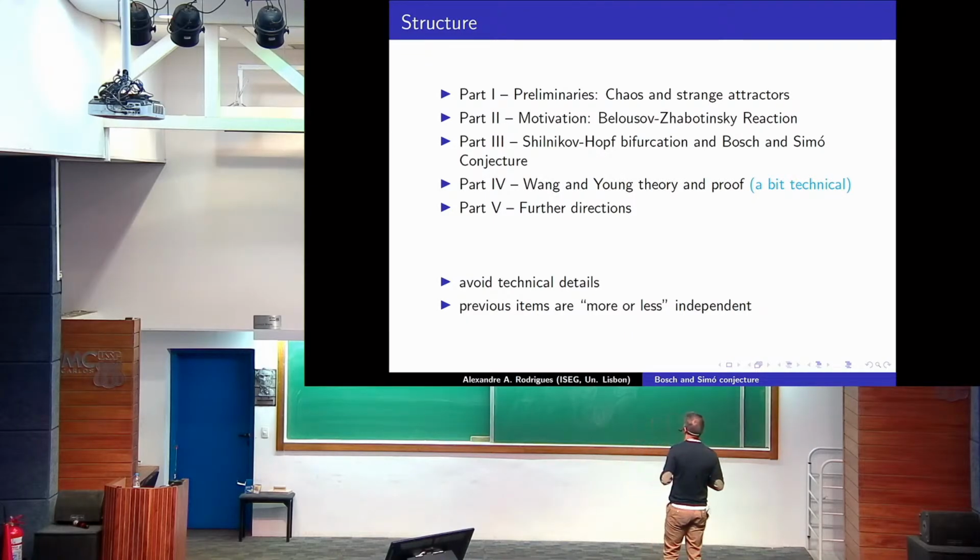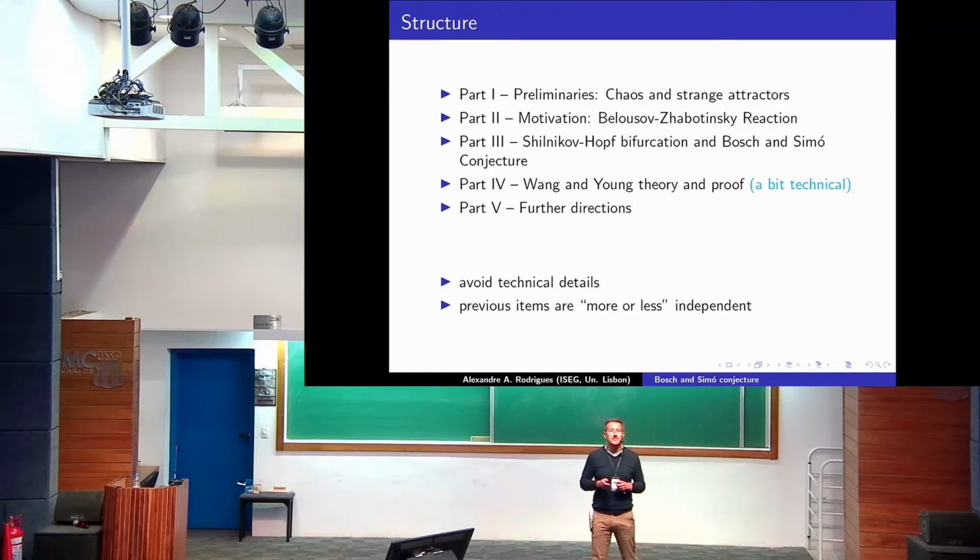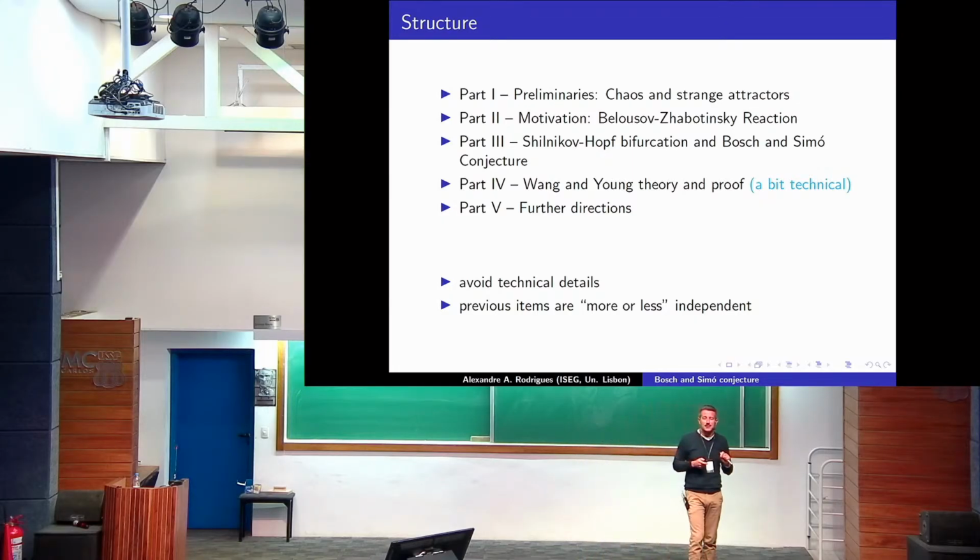I'm going to motivate my work. In part 3, I'm going to define the conjecture and the Cherenkov bifurcation. Part 4 is a little bit technical, about the proof, but it's just the idea, and part 5 is about further directions. During this talk, I'm going to avoid technical details, so all details have been omitted.